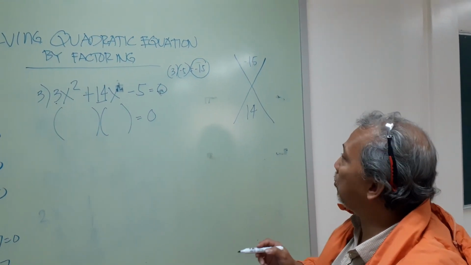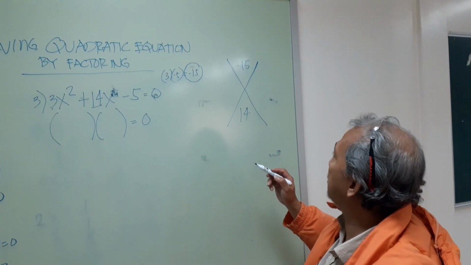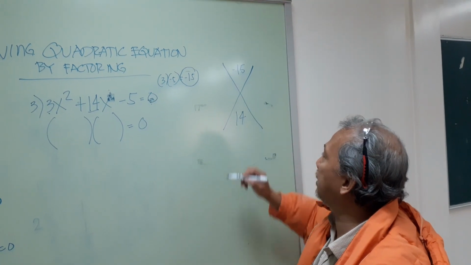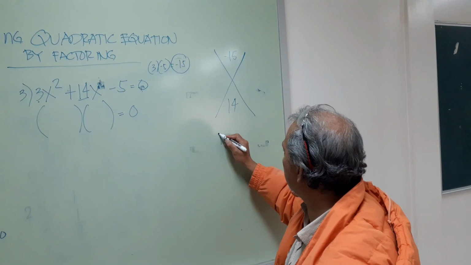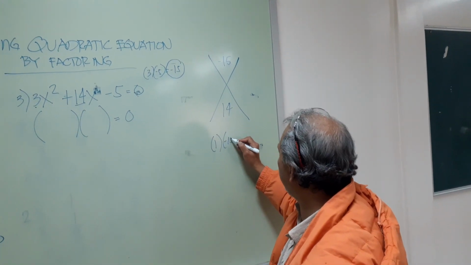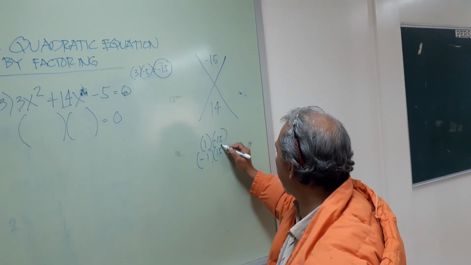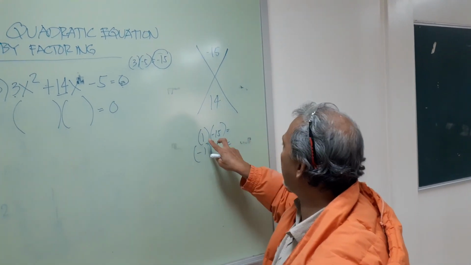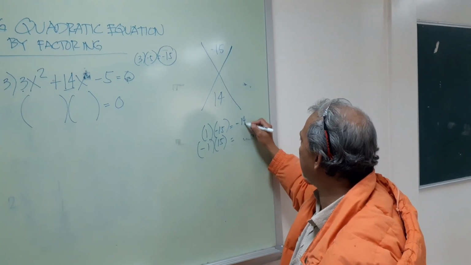Now, let's look for numbers that when multiplied are equal to negative 15 and when added are equal to 14. So, these numbers are 1 times negative 15 and negative 1 times positive 15. So let's add this one. 1 plus negative 15 is negative 14.